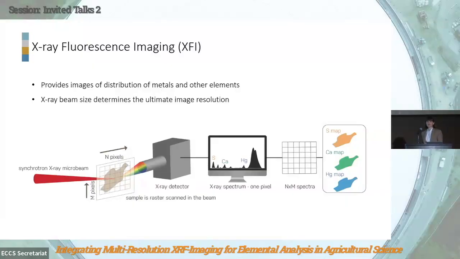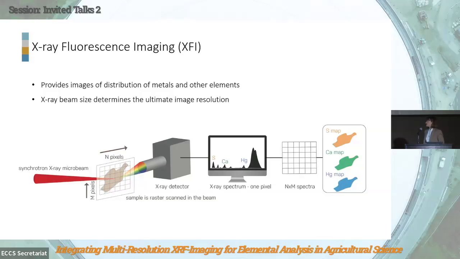I would like to note that the energy of the emitted photons is unique for each element, and therefore would serve as a fingerprint to identify and study the distribution of elements non-destructively in a very wide type of samples.